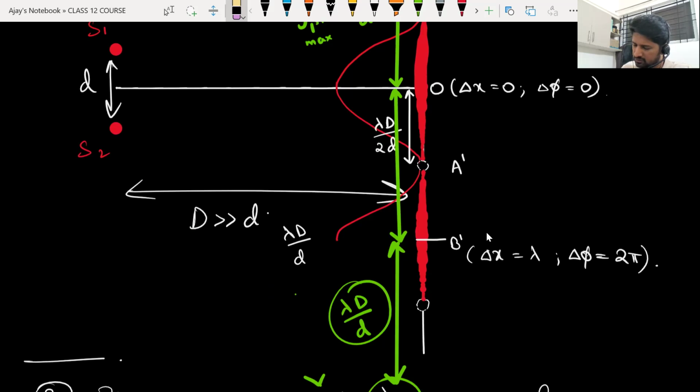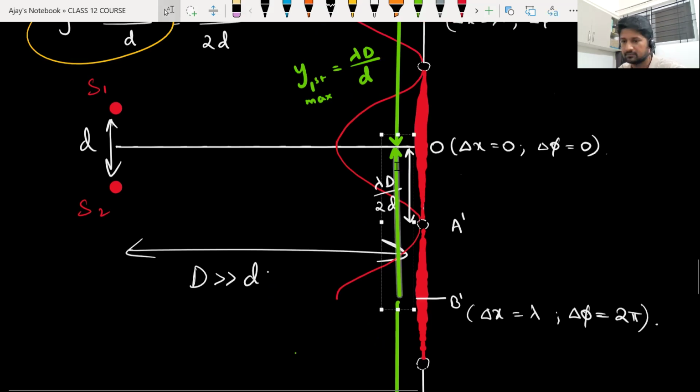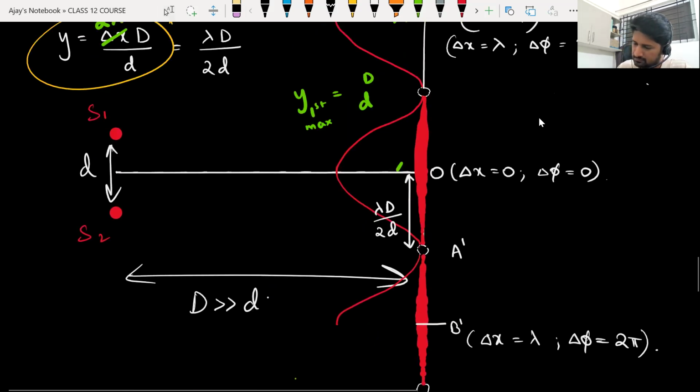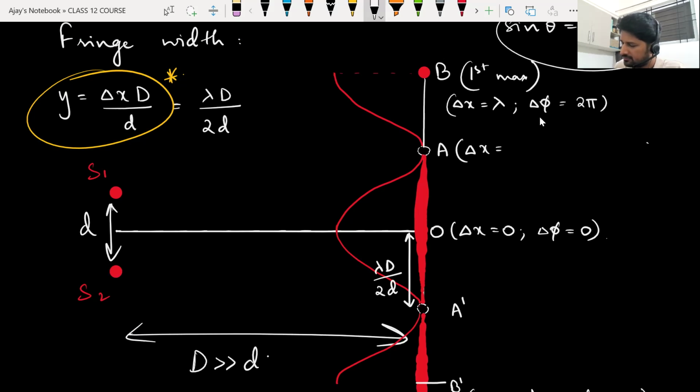Let's also discuss the positions of minima and solve one problem based on that. Between O and B, there is this point A at which the waves interfere with path difference lambda by 2, phase difference pi.